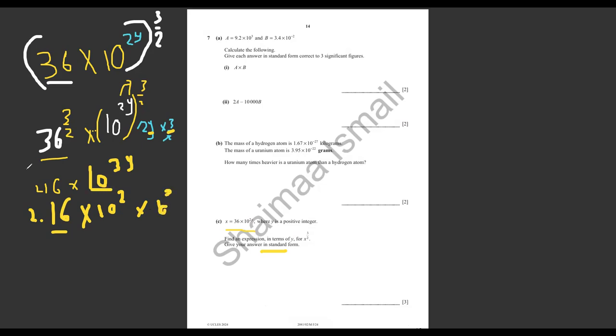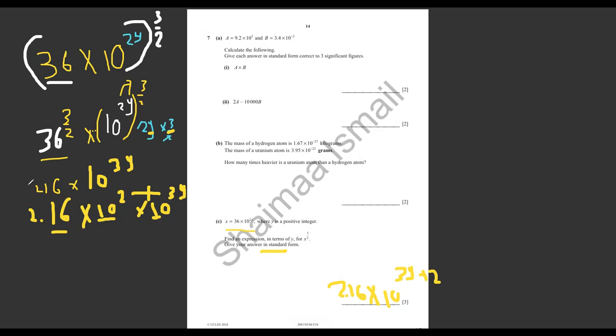Is it right? Okay, because he needed the standard form. So here we have to merge the powers with plus and merge this 10. So the final answer here is 2.16 times 10 all to the power 3y plus 2. Okay, I think it's clear now.